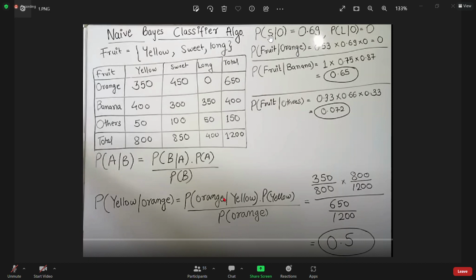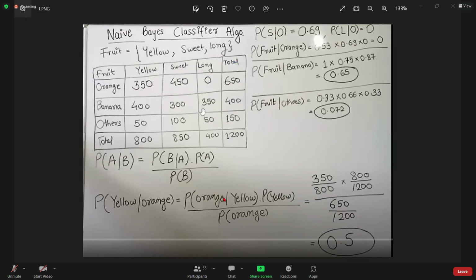Let me tell you, in total we have 650 oranges, guys. Out of 650, 350 oranges are yellow. Out of 650, 450 oranges are sweet. And of course, an orange can never be long. That's why we mention zero.